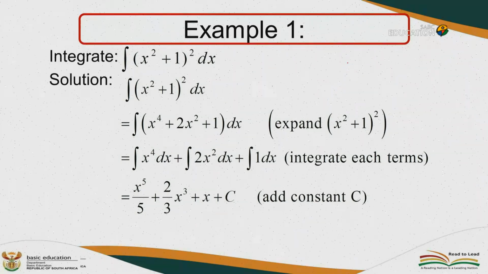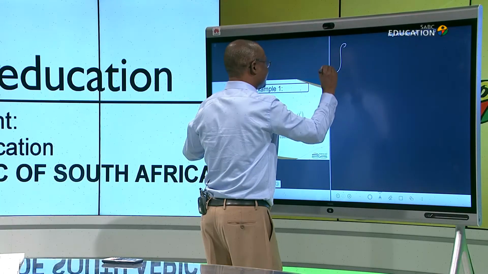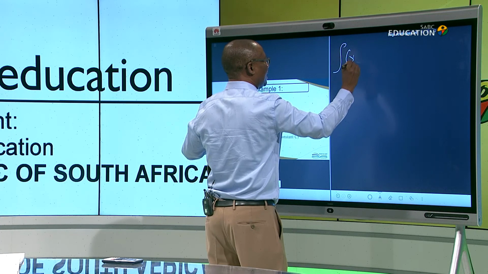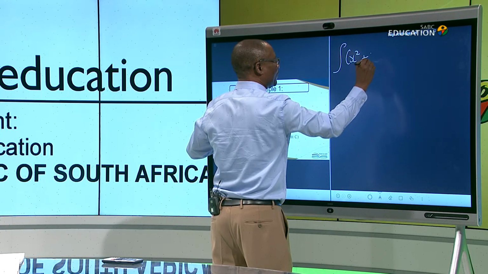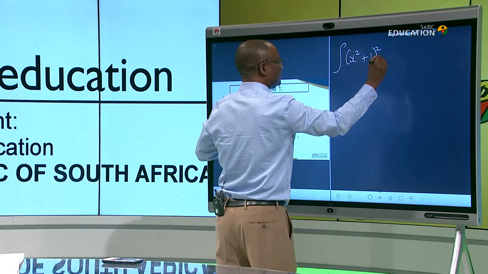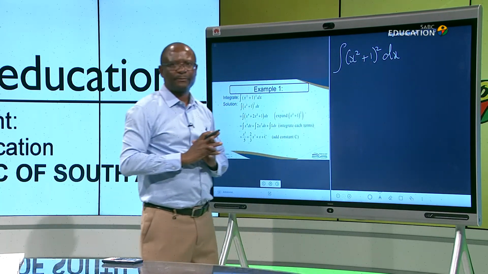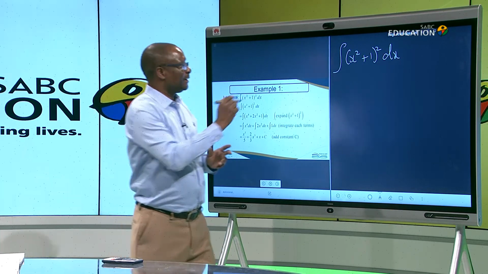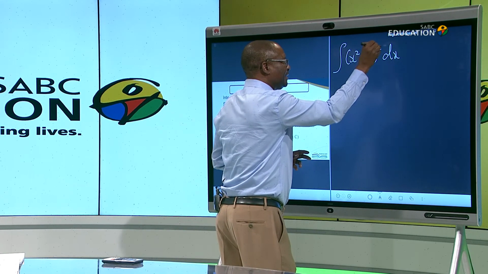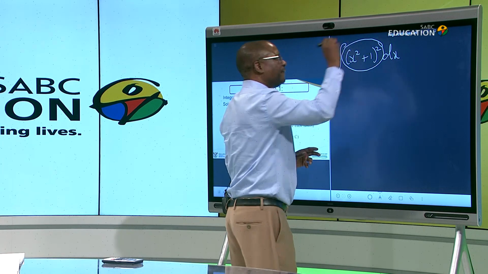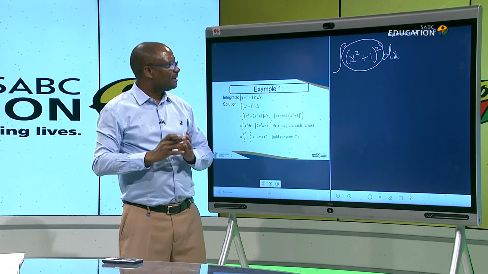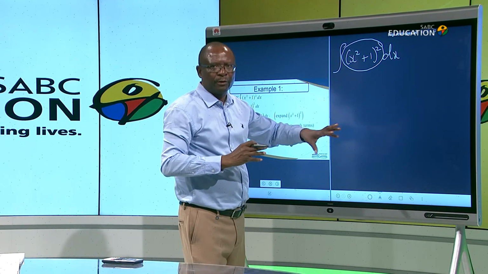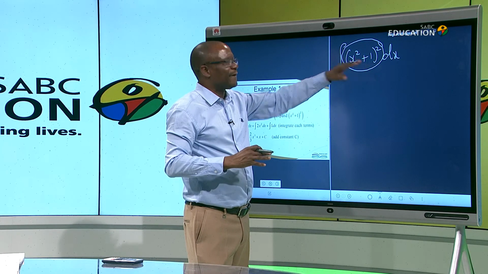But then I'll just give an example of this one, which is the integral of (x squared plus 1) squared dx. This is a complex integrand. Before you find the integral, or you integrate it, simplify it here.